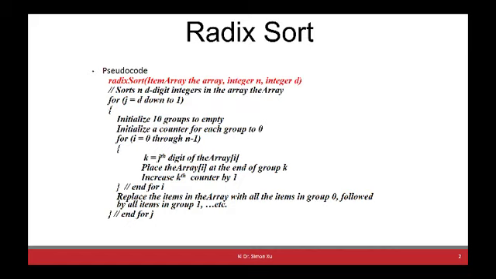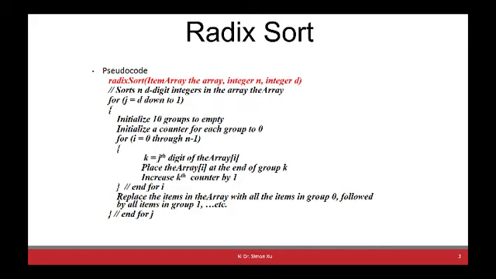For an unsigned long integer, which is 32 bits, the largest integer will be 10 digits, so k will be 10. Suppose we want to sort student IDs, and normally a student number is 7 digits, so k will be 7.